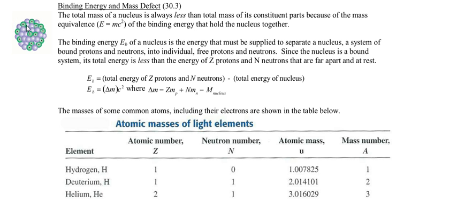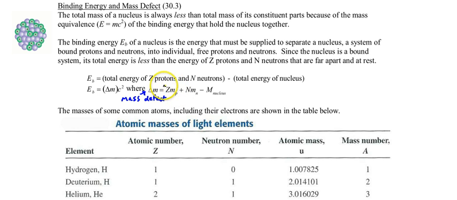It is found experimentally that the mass of the nucleus is less than the total mass of the protons and neutrons combined. The mass difference, delta M here, is often called the mass defect and is denoted with a delta M. So delta M equals Z, which stands for the number of protons, multiplied by M sub P, which is the mass of the proton.